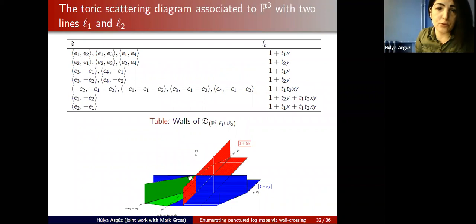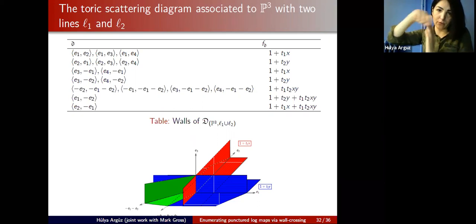Like in this 3-dimensional example, when I started with these 2 widgets, I need to start adding more and more walls to obtain a consistent scattering diagram, which means that when you look at a joint, which is where 2 walls intersect, when you take a loop around the joint, you want to take the composition of all wall crossing functions that you cross the walls along, and you want to get identity.